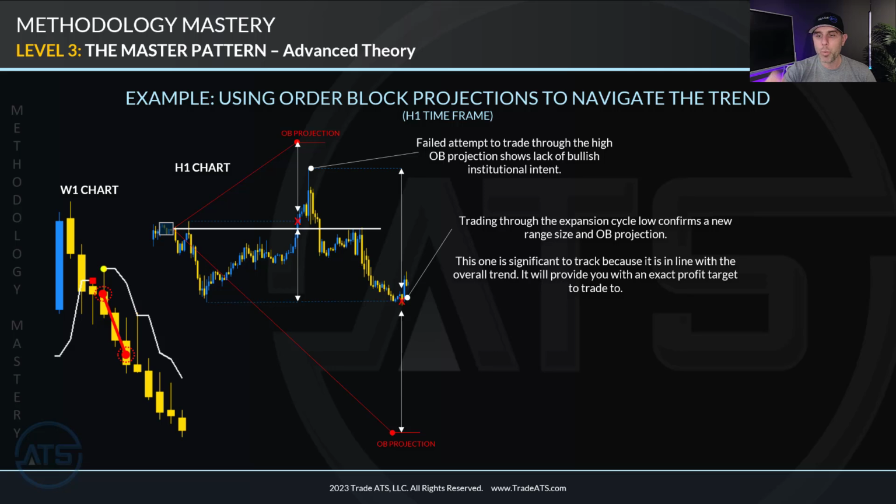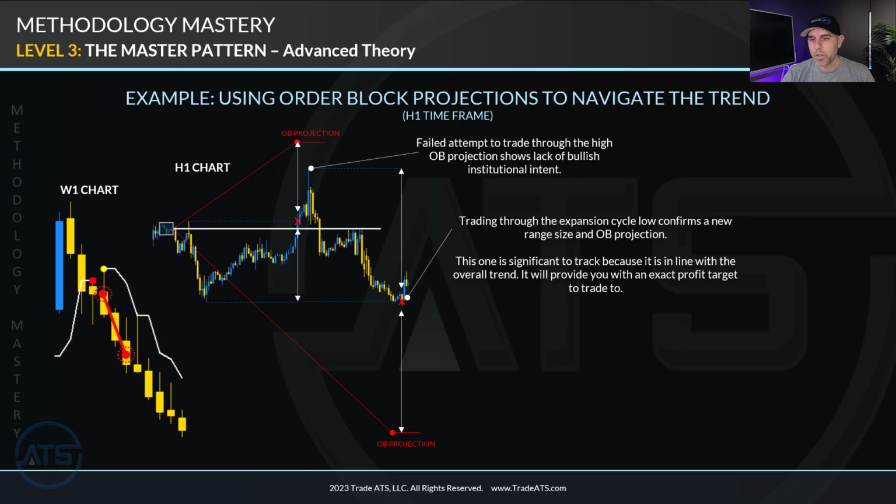But what happens when we hit that low point? We got that new X at the swing low liquidity. It confirms a new range size. Now that we have a new confirmed range size on the expansion, we get to put in our next order block projection to the downside. How do we again come up with that measurement?